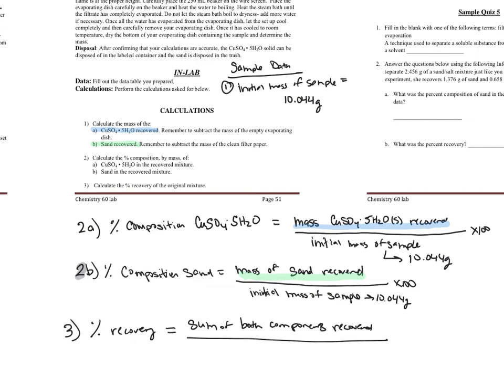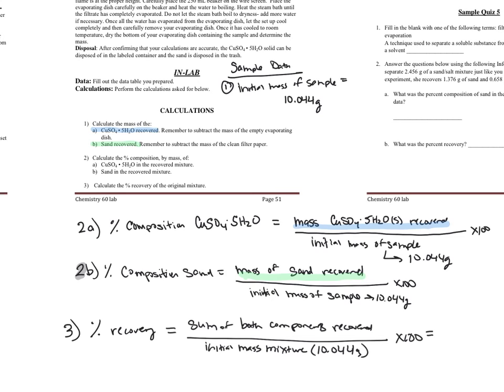The sum of both components recovered divided by the mass of mixture started with, so our initial mass, which is that 10.044 grams. Again, you use your number, times 100.